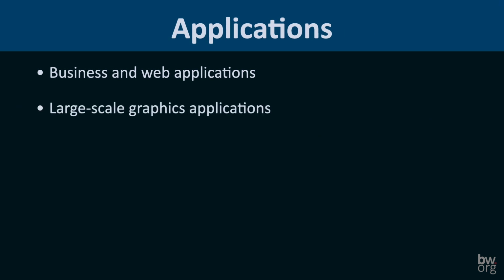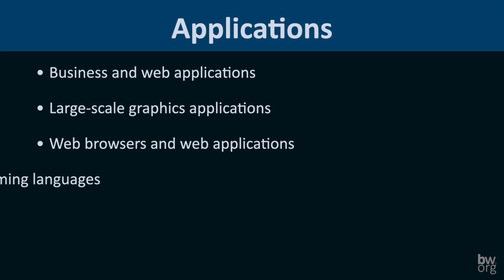Adobe Photoshop, Illustrator, and InDesign, Firefox, Google Chrome, and most web browsers are written in C++. Major websites like Amazon, Facebook, and Google are either written in or have significant back-end resources written in C++. In fact, most major programming languages, including Java, PHP, Python, and Perl, are written in C or C++.